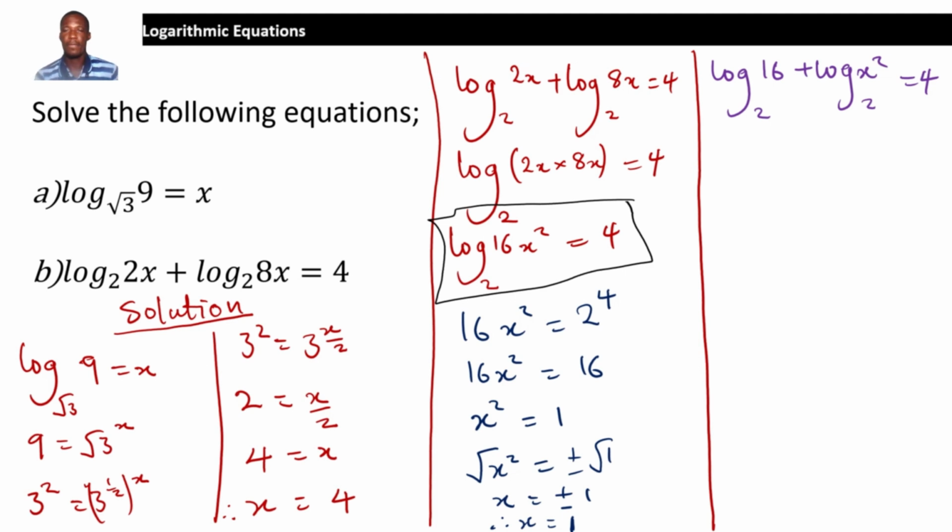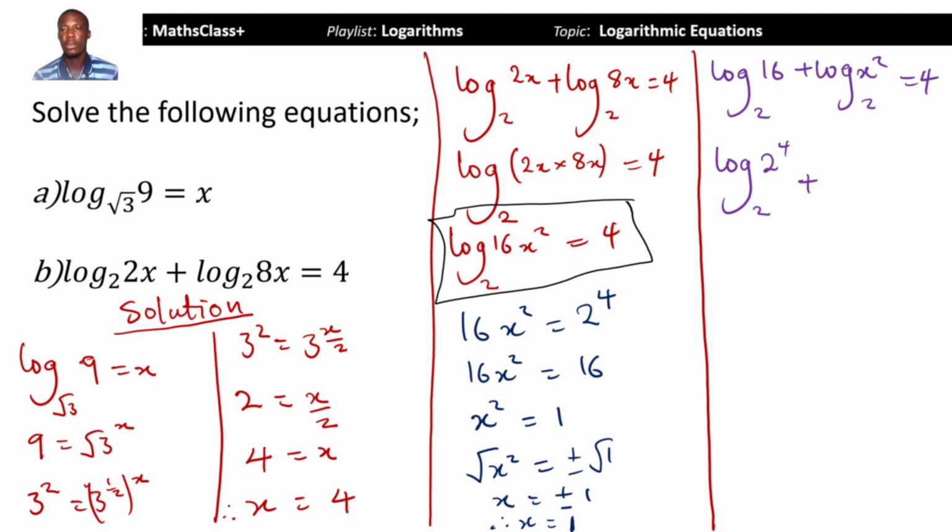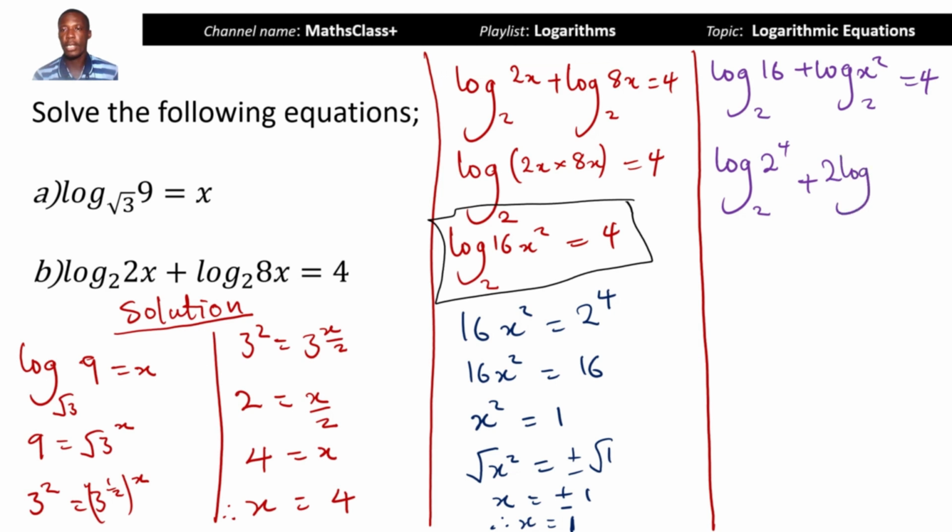So I have separated the product of the two, and this one becomes log 2 to the power 4 to the base 2 plus 2 log x to the base 2 and is equal to 4.